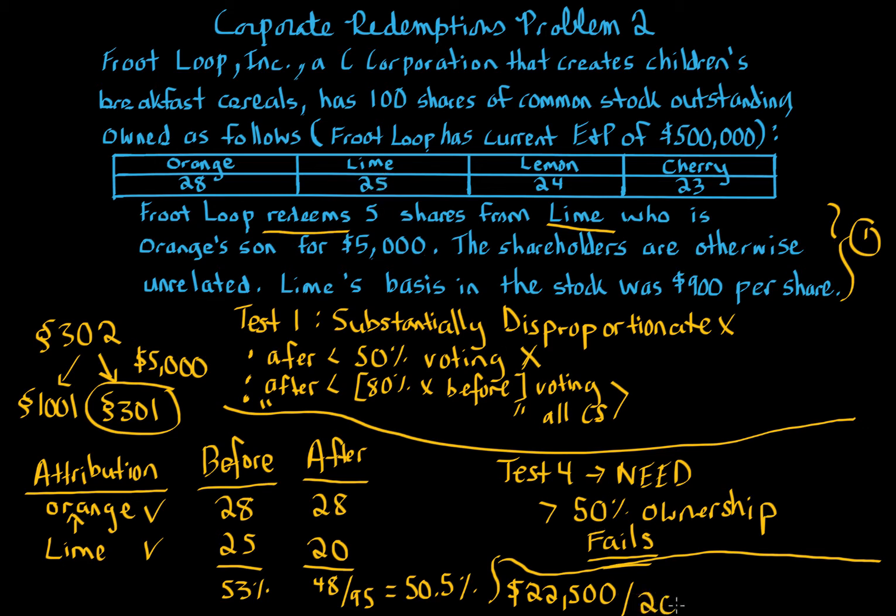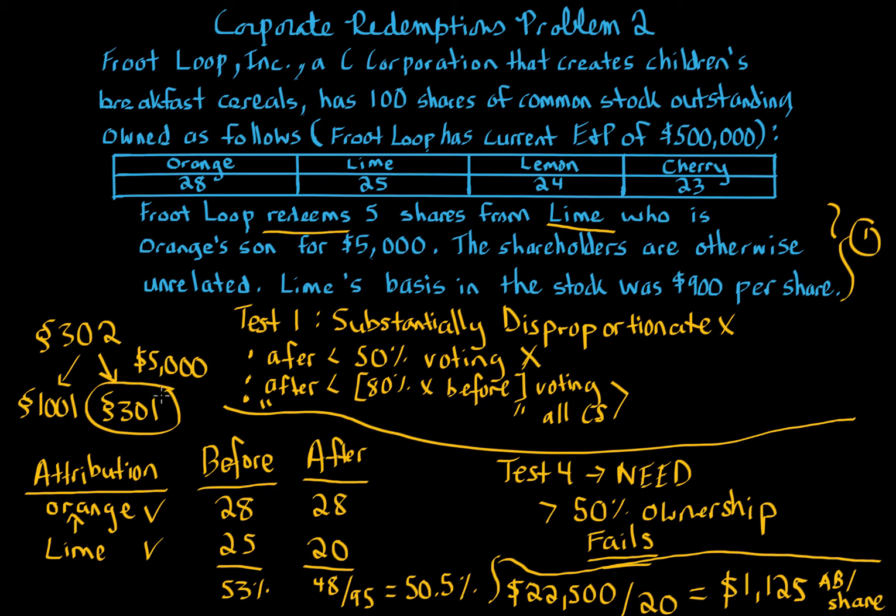So 22,500 divided by 20 shares, that equals a new basis per share of $1,125, and that is the adjusted basis per share. Okay, so if you're trying to figure that out. Remember, whenever we have the 301 distribution, we basically have to reallocate the basis over the number of shares left over. And that's what we've done here. Okay, so that's variation 1.